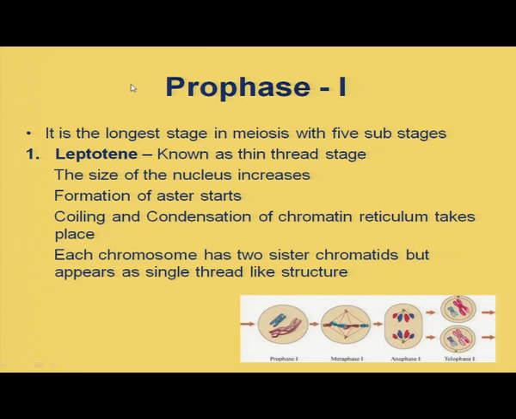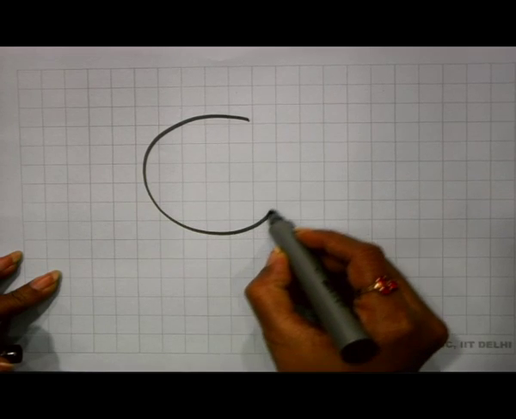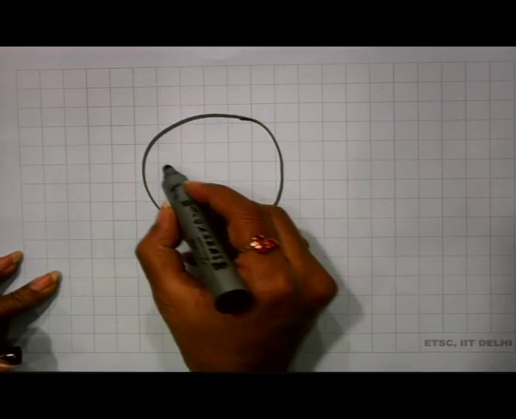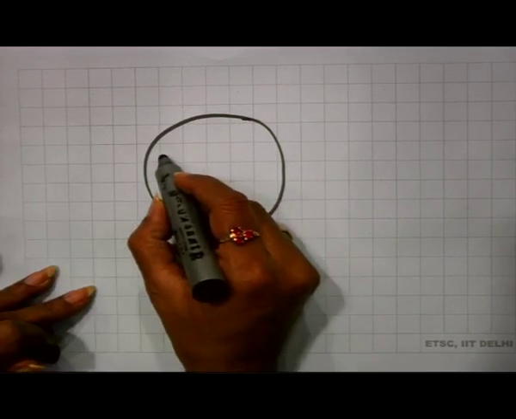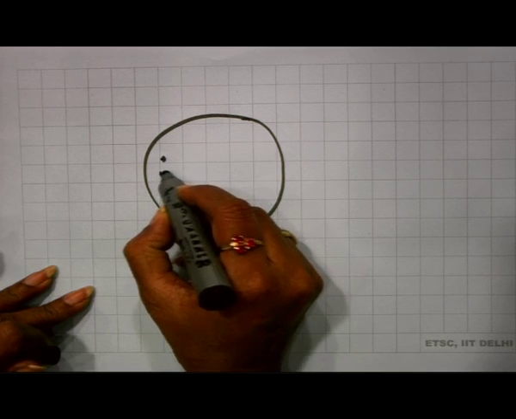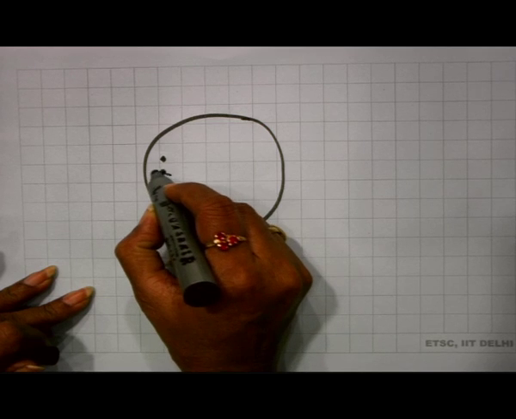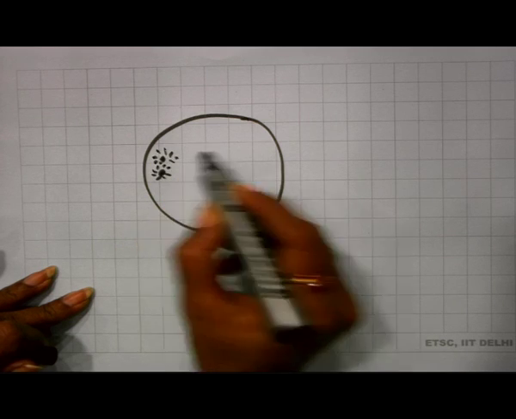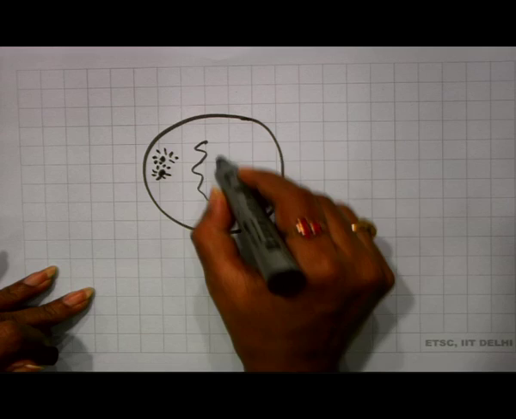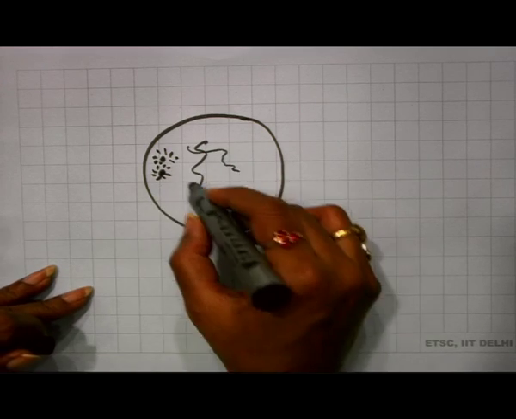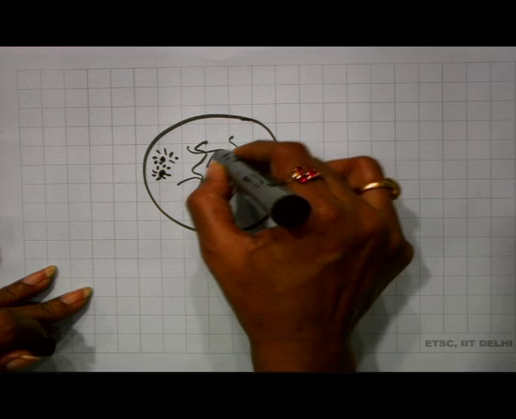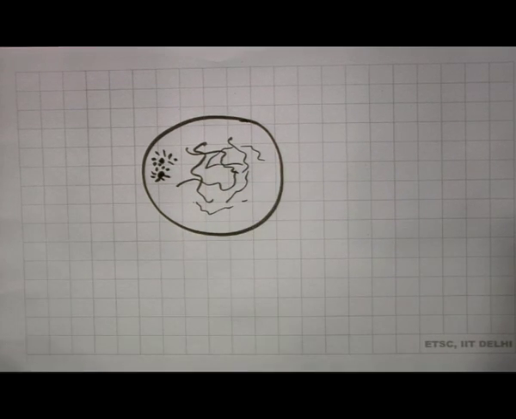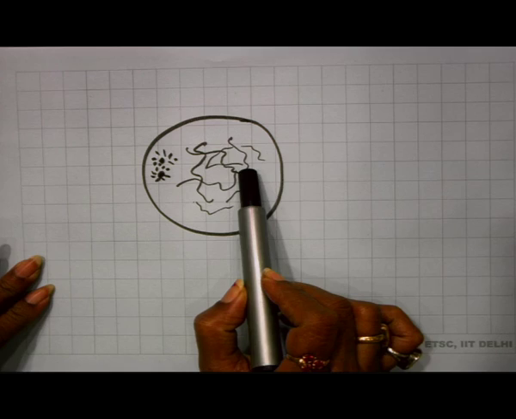I will show you the diagram here. You can see the cell with these centrioles, with the astral rays, and here the chromosomes you can see in the form of thread-like structures only, and this particular stage we call the thin thread stage.